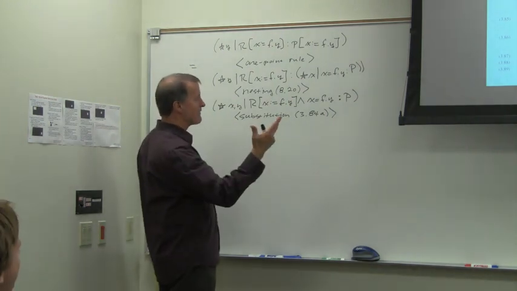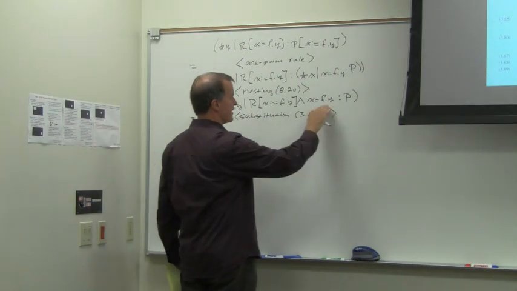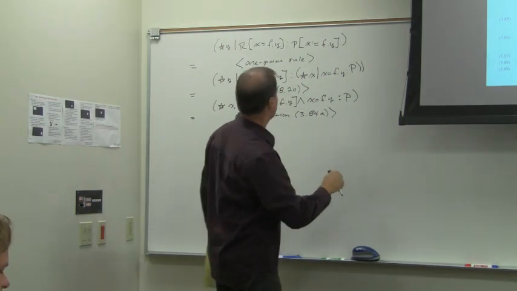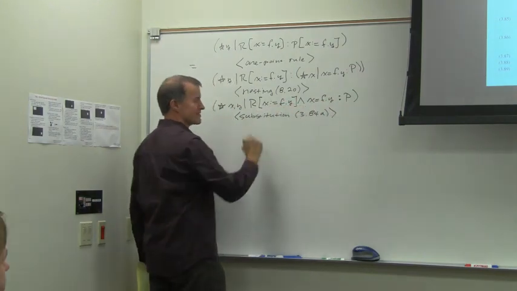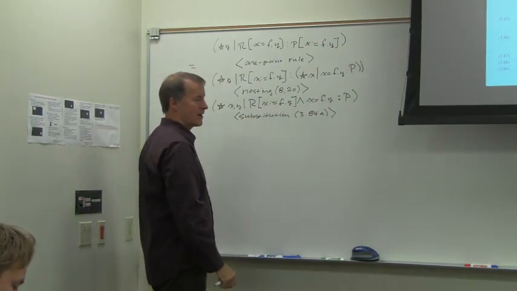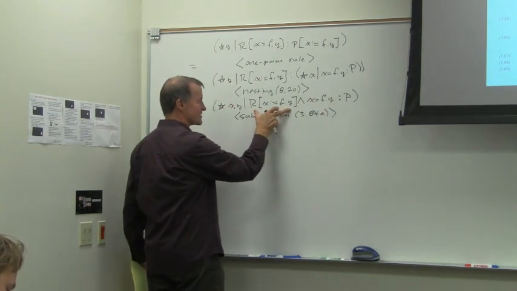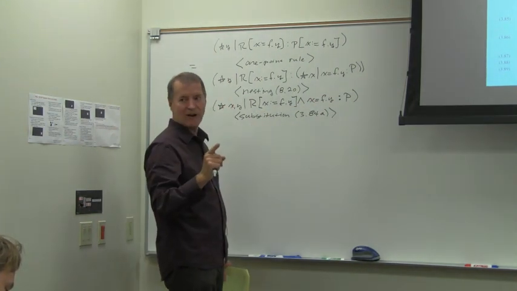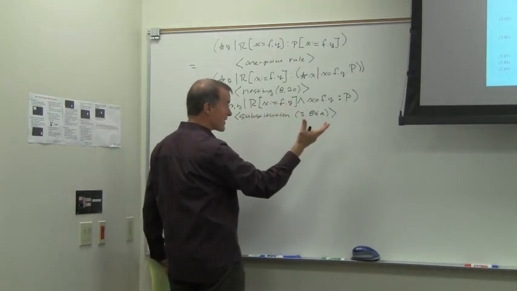Now, what do we have as equal to in this whole thing? We have x equals this and this, right? Are you with me? So 3.84a says, if x equals this and this, then it's the same thing as what?